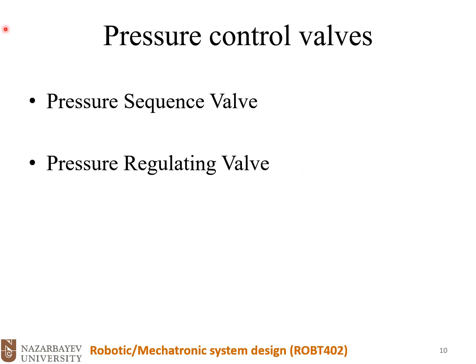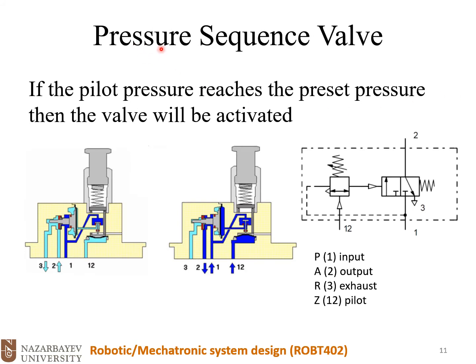Pressure control valves. We have the pressure sequence valve and we have the pressure regulating valve. Pressure sequence valve: if the pilot pressure reaches the preset pressure, then the valve will be activated.